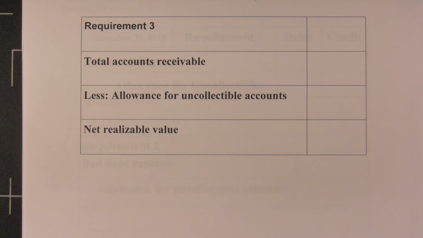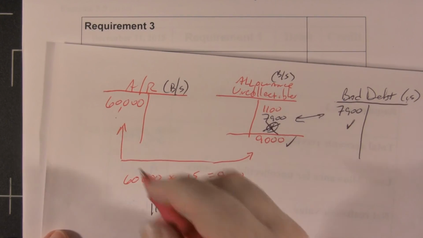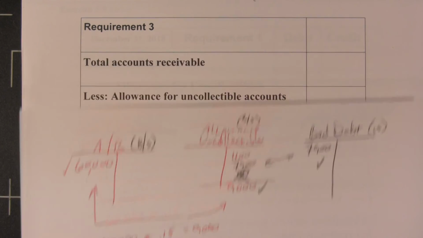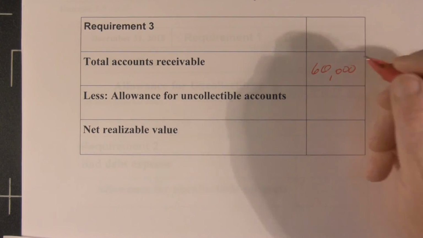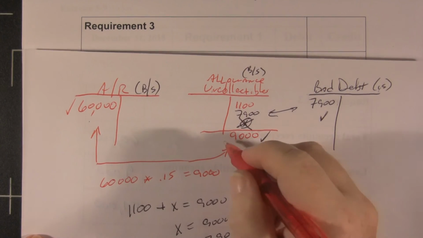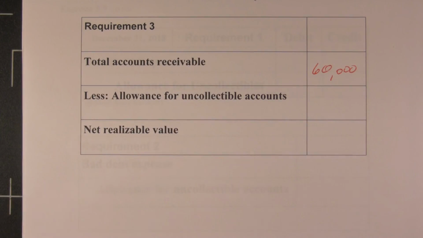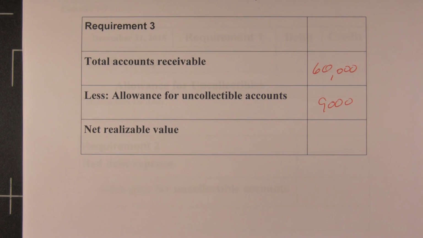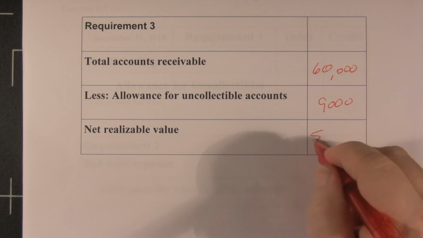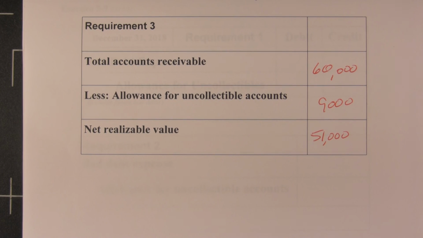So, our total accounts receivable, $60,000. Our allowance for uncollectible accounts, $9,000. Our net realizable value is $51,000.